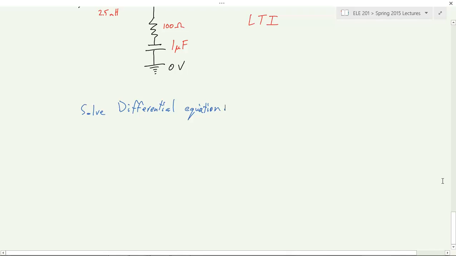This is one method. Let me show what that might be like. I have actually calculated the so-called step response of this, and I have a graph of it.